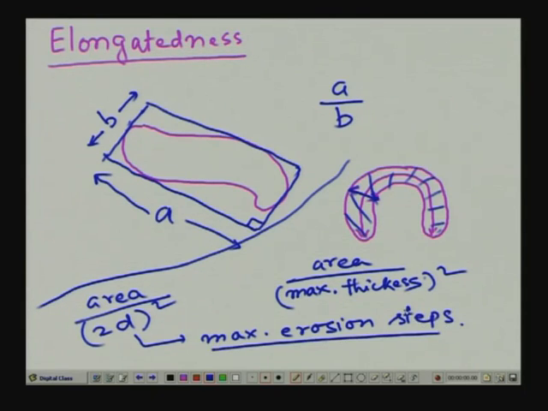So, I can define elongatedness for a curved region in this way, and this elongatedness is one of the descriptors which captures the region shape. Some other region based descriptors, one of them can be say rectangularity.